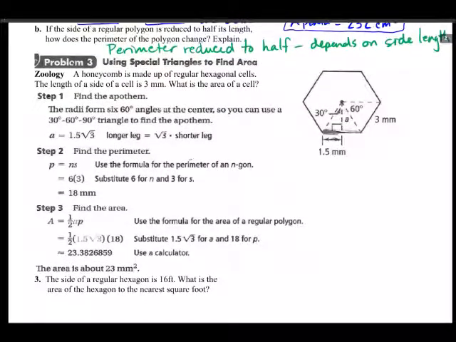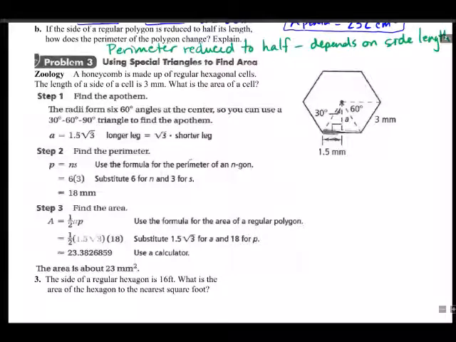So what happens when we are not given all of our parts and pieces? Well, we use chapter 8. So let's look here: using special triangles to find area.